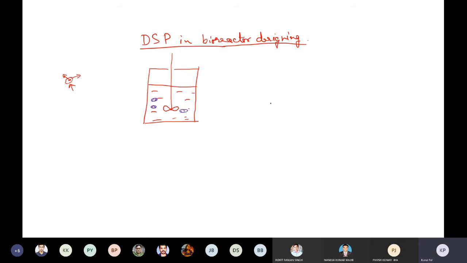Now what happens is that we need to monitor the properties over here. So what are the properties? The properties may be pH, maybe conductivity, maybe optical density, maybe temperature, maybe the stirring rate. You may have to monitor these.